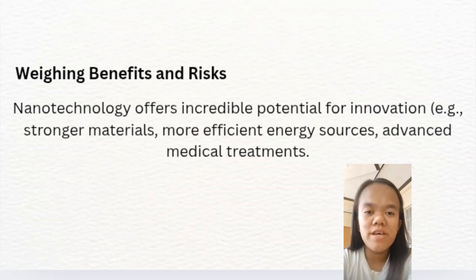Further studies emphasized the need for further research to fully understand the long-term effects of nanotechnology. Example, graphene, a super strong and lightweight material, is being explored for everything from electronics to construction materials.